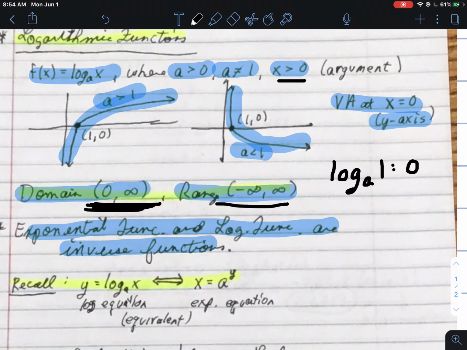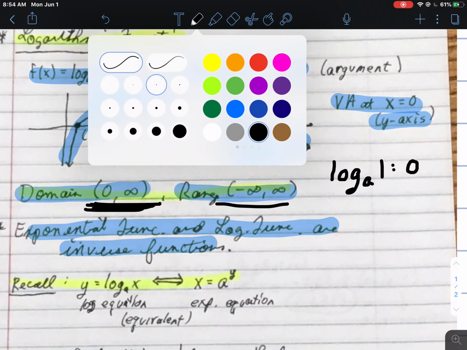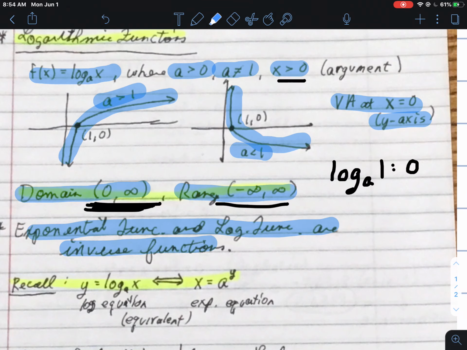Now, here's another very important relationship, and we use this a lot, just to help us understand what a log is. These two equations are equivalent to each other. To say that y equals log base a of x means exactly the same thing as saying that x equals a to the y.